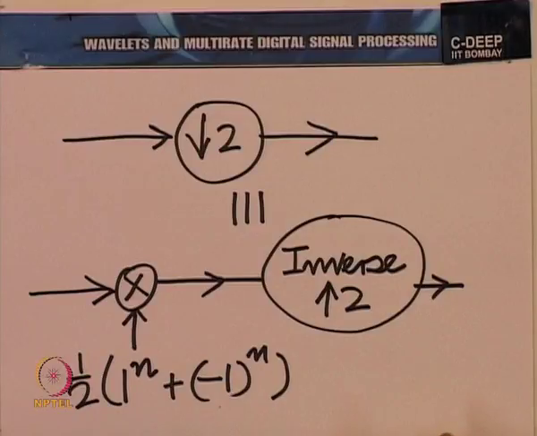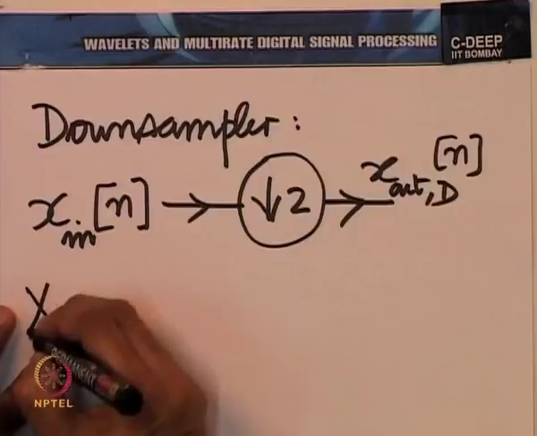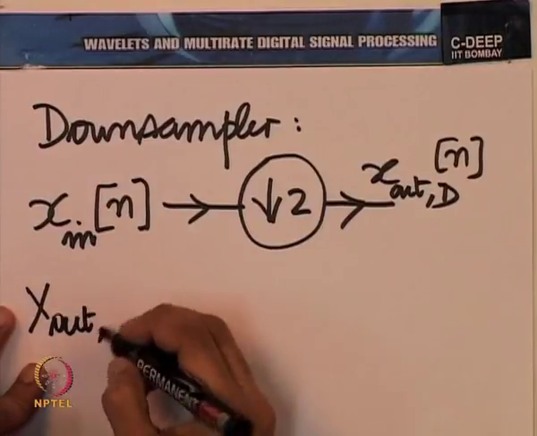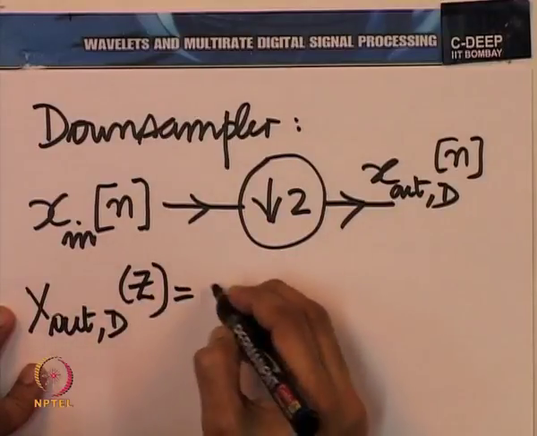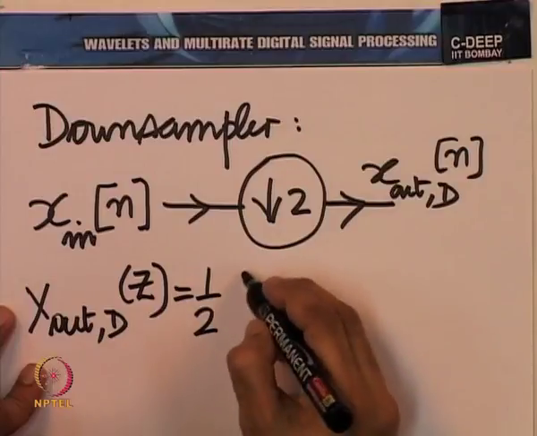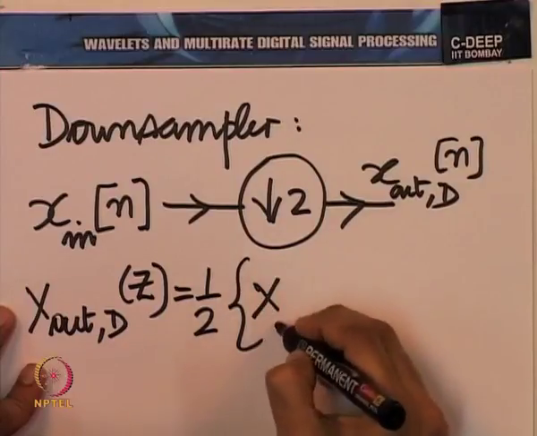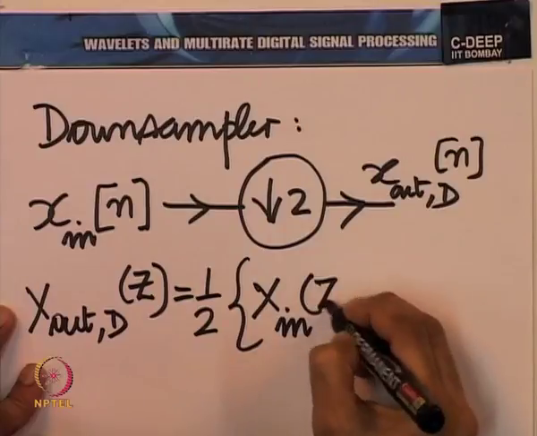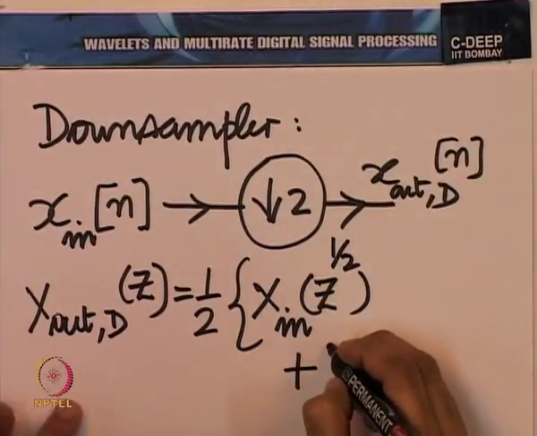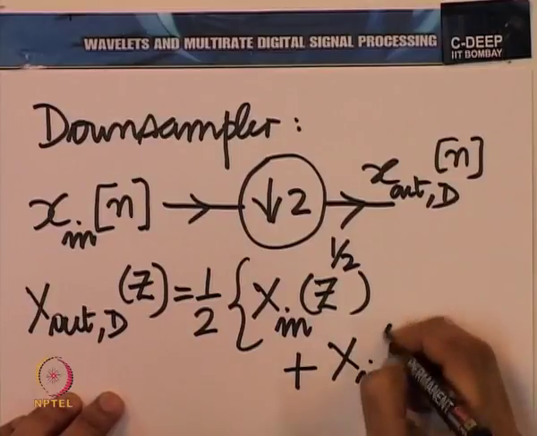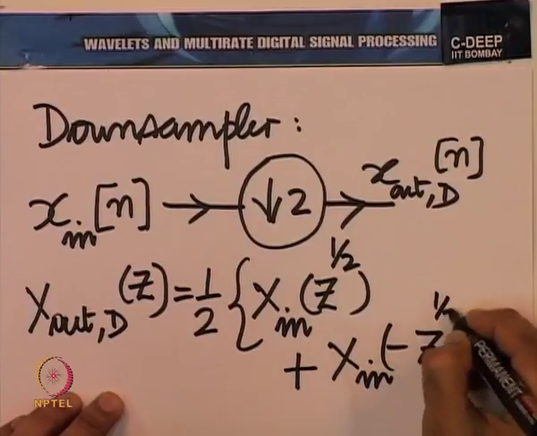Now, based on this, we had written down the Z transform. So, we had said x out d z here is half x in z raised to the half plus x in minus z raised to the half.